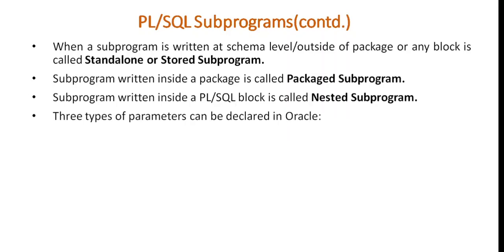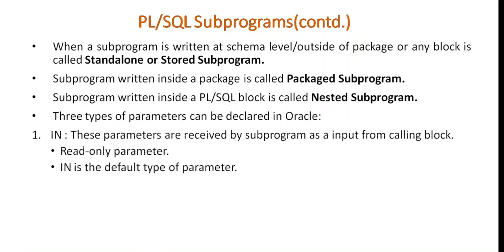Subprograms, procedures or functions can be called by using some parameters. In PL/SQL, or in Oracle, we have three types of parameters. The first type is the in parameter. These parameters are received by the subprogram as input from the calling block.